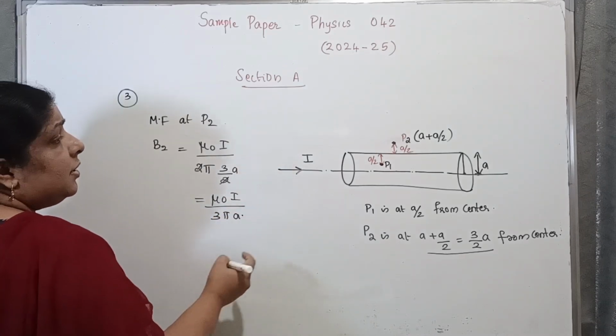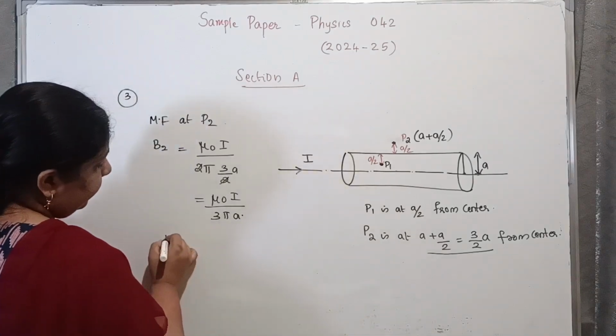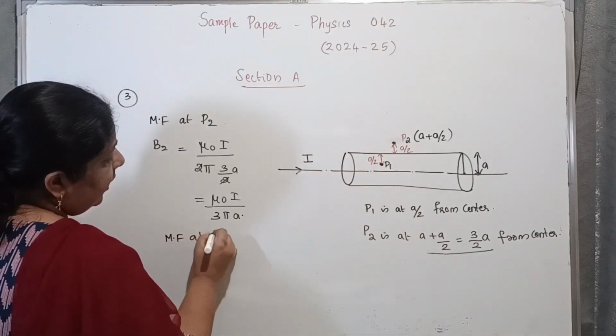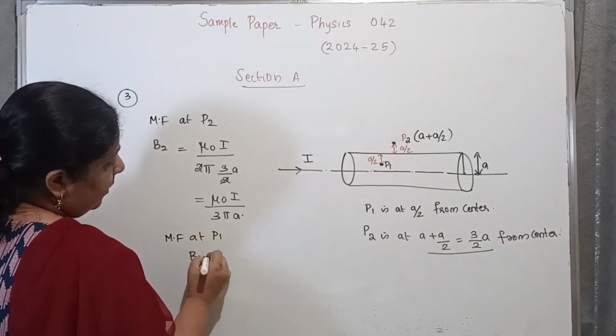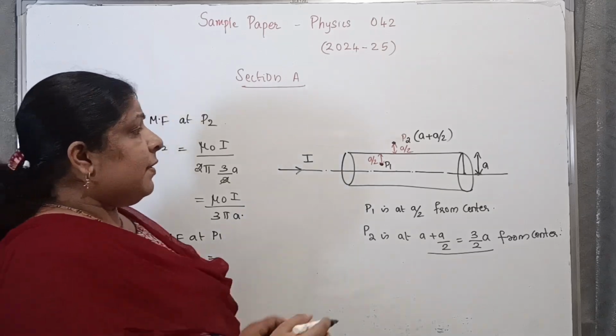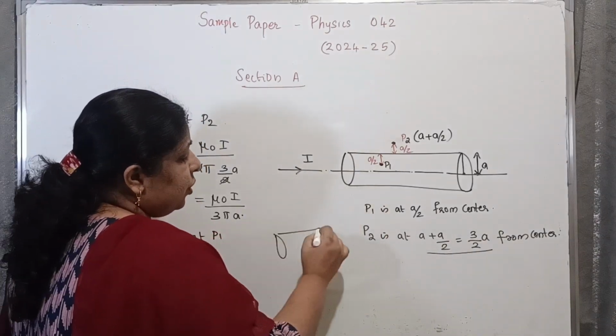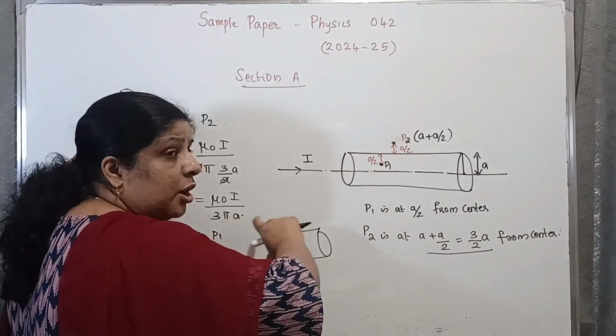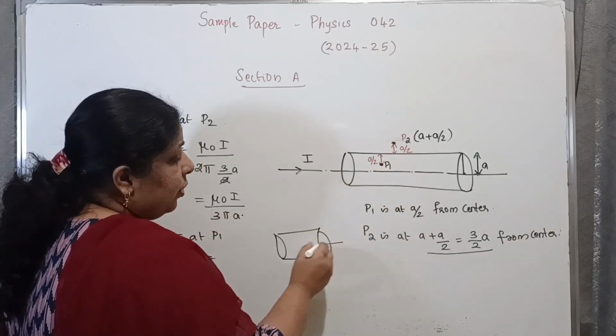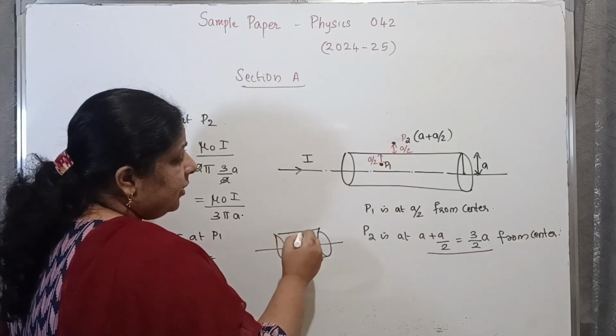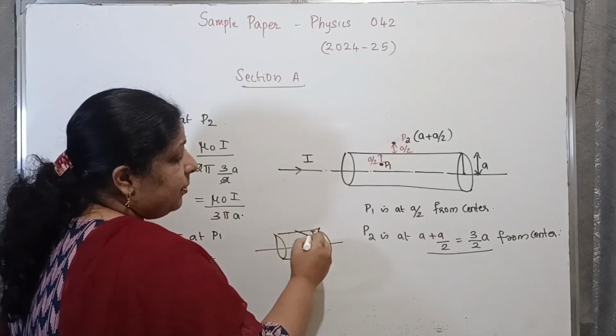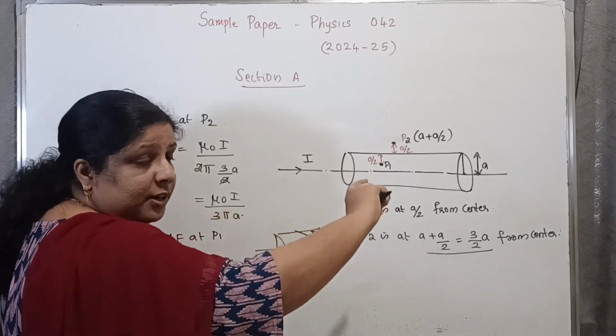Now we have to find the magnetic field at P1. Let us find magnetic field at P1. So B1 will be equal to... At P1, see, this is the total wire, so the total current is I. Through the halfway, the current will be I by 2 because current is uniformly distributed.